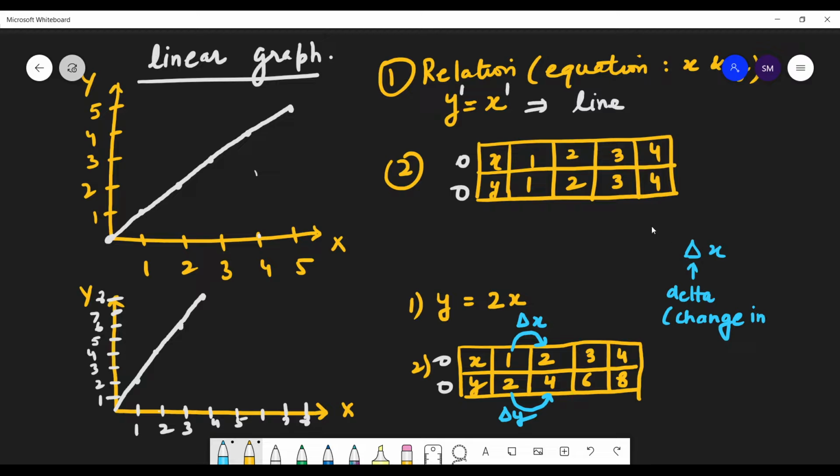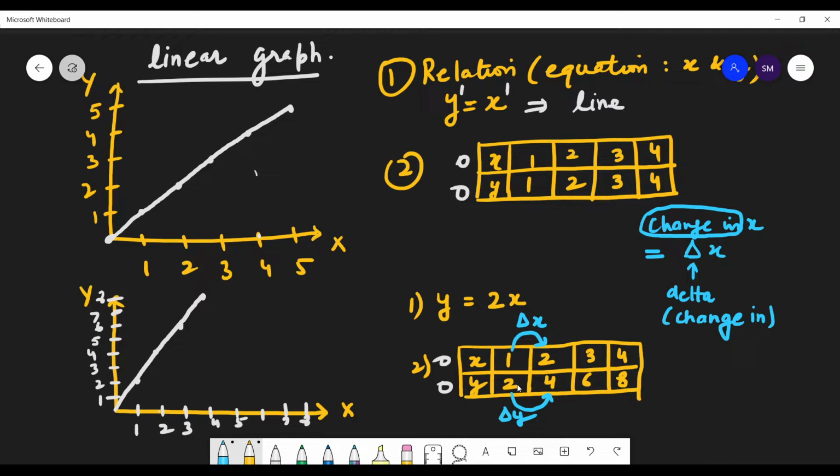Okay, so either I write change in x or I write delta x. So it saves time. That is why I use this symbol delta. So delta means change in. So change in x is 1. How much is the change in y?